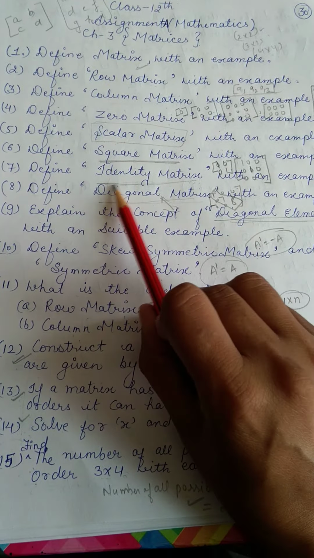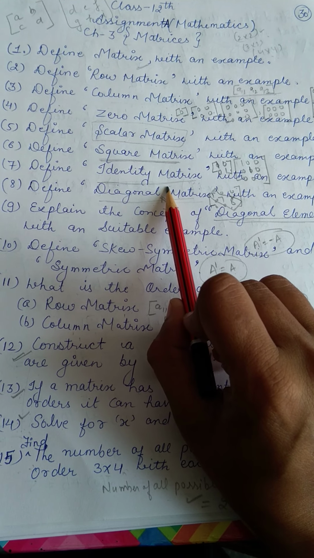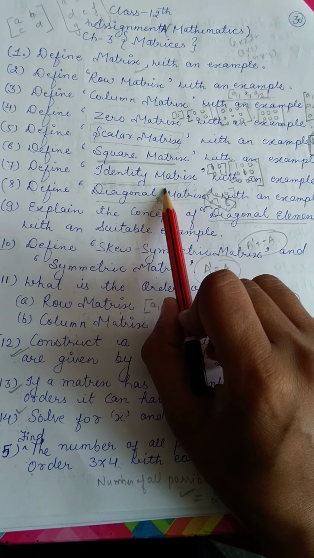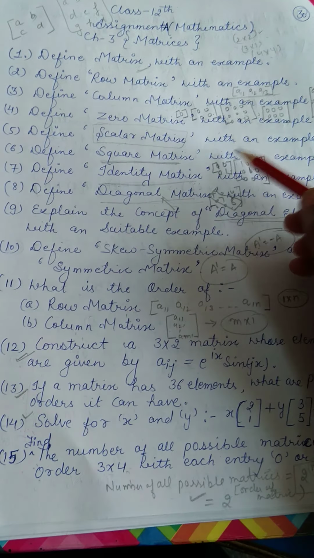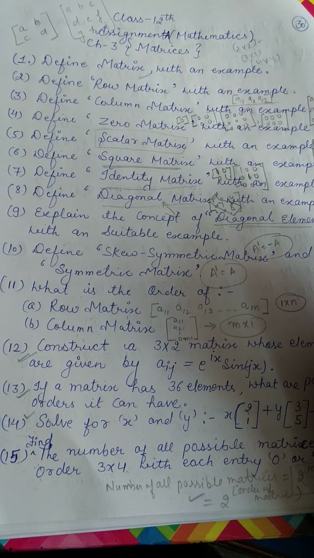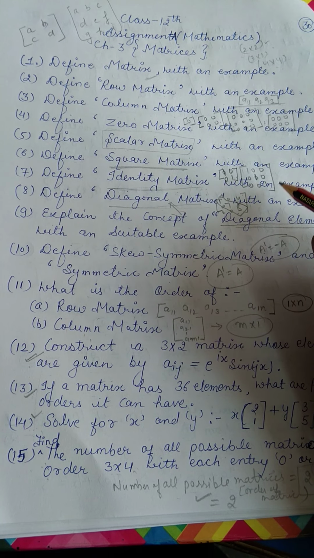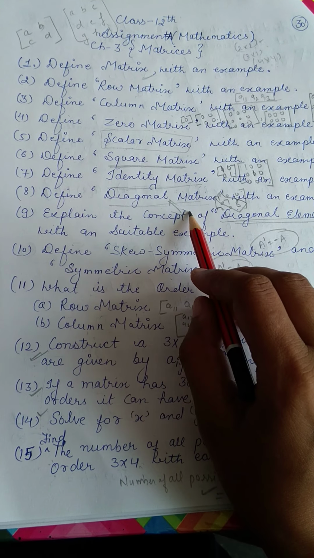Then is your identity matrix. What is your identity matrix? It is a square matrix in which the elements of the diagonal will be 1 and others will be 0, and you can see it can be of 2 into 2 form, it can be of 3 into 3 form. Then is your diagonal matrix, बच्चे.